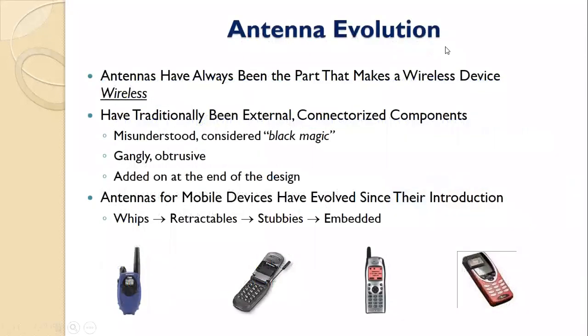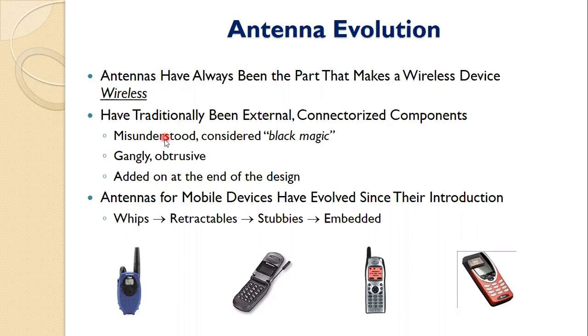Next is how antennas have evolved. As we can see, these antennas initially were based upon their size. When the antennas were manufactured, they had a bulky size and the antenna was very long.